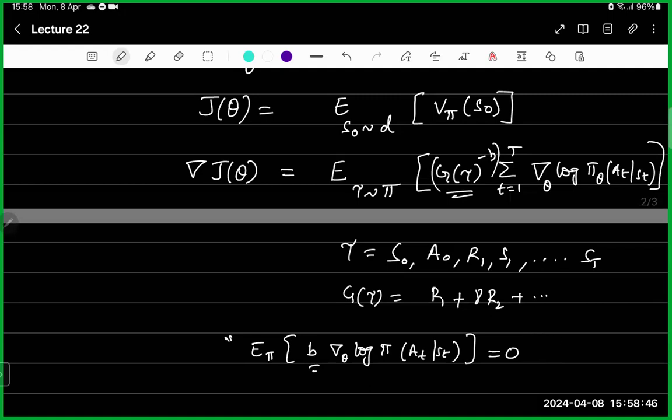So any B which is not a function of A_t we can use. The good thing about using baselines like that is that you will have lower variance of the algorithm, and there will be faster convergence.